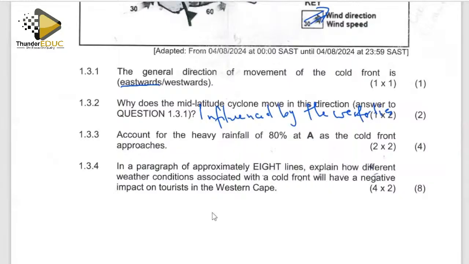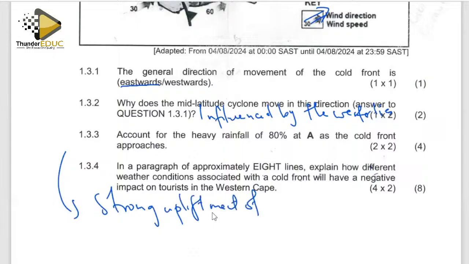Account for the heavy rainfall of 80% at A as the cold front approaches. Why do we experience rainfall there as the cold front is coming and passing? Right, the reason here is that there is going to be strong upliftment of warm, moist air, because the coming of the cold front is going to uplift warm and moist air.